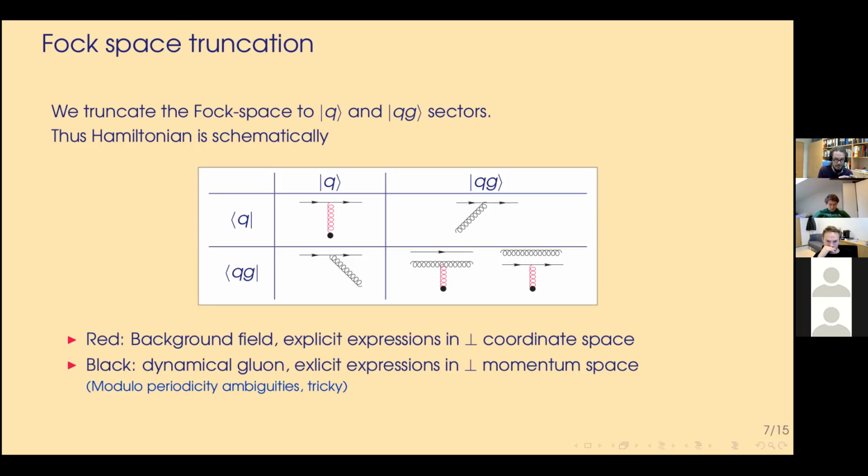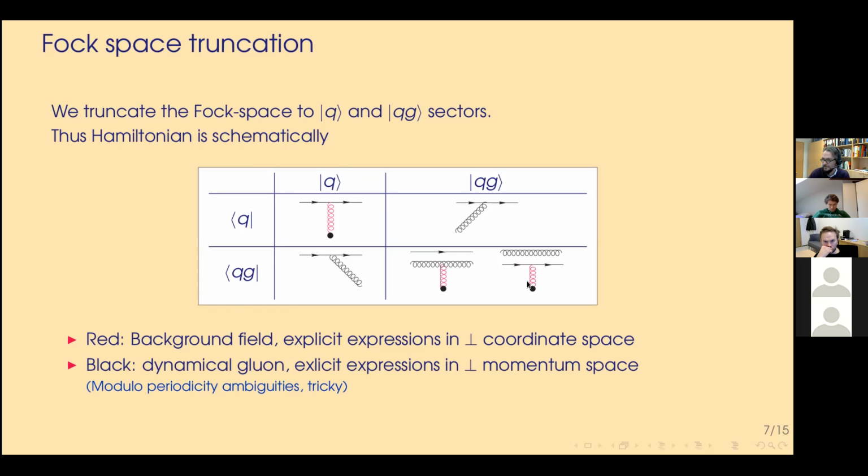And if each 1-particle state has 32 squared momentum modes, a 3-particle state would have 32 to the 6th transverse momentum modes. So going higher in this Fock space truncation gets expensive very fast. Unfortunately, that is a limitation of this approach. So our Hamiltonian schematically consists of 2 sectors, a quark sector and a quark-gluon sector.